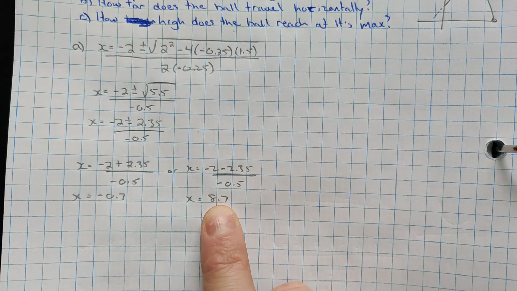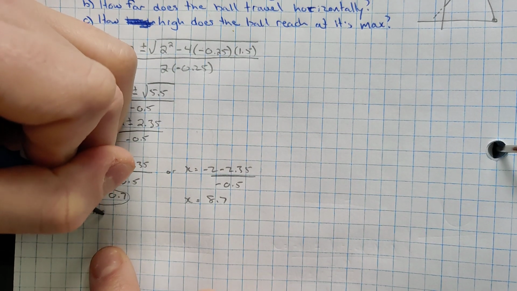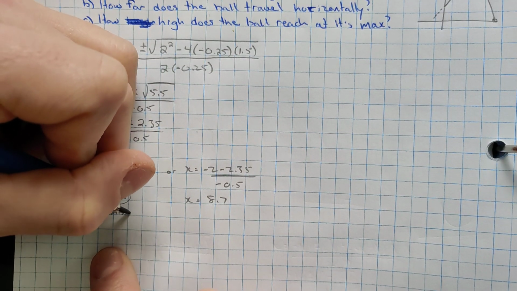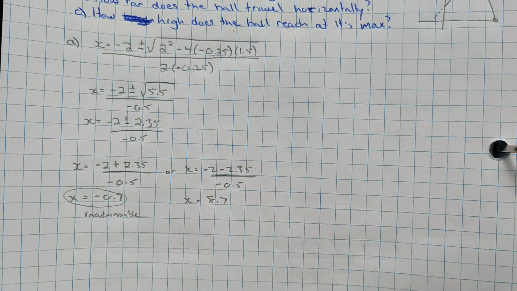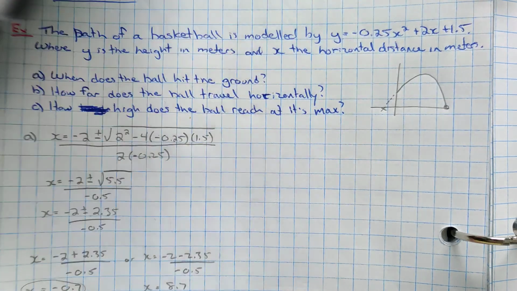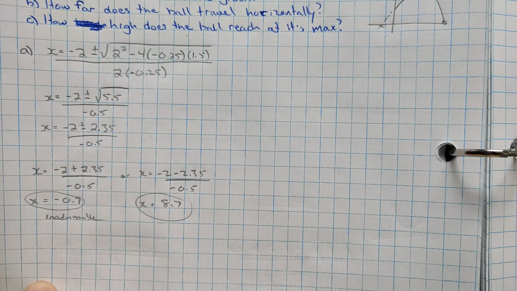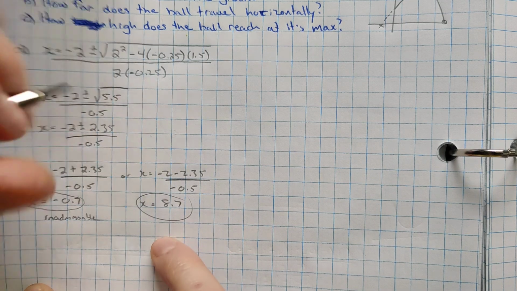This is the only acceptable answer. This one here would be inadmissible. Why? Because it's this point here. That one there is not going to work for one of our zeros. So, when does the ball hit the ground? The ball hits the ground at 8.7 meters.